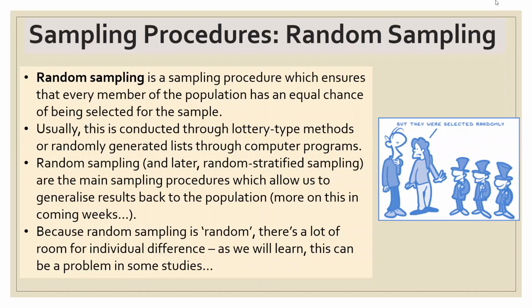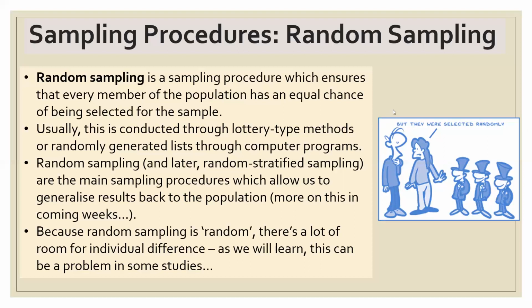So it's always something we want to be wary and cautious about. So that's random sampling. Remember, random sampling is a really good sampling technique. The only other sampling technique we can use, stratified sampling, also produces a representative sample, from which we can generalize results back to a population.